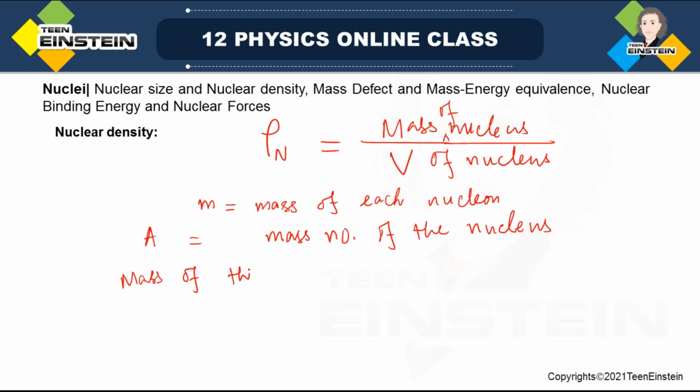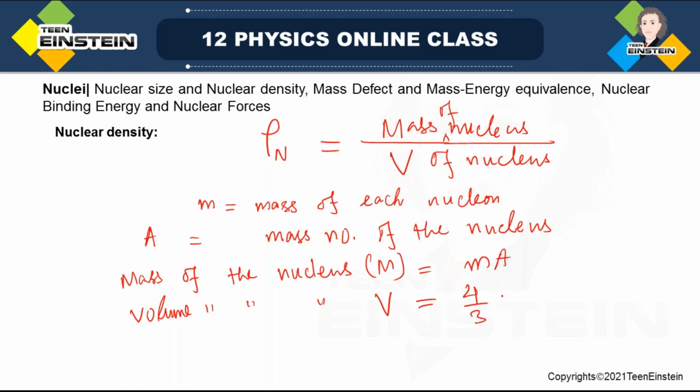See, the mass of the nucleus, I denote it with capital M, so it will be small m into A. So this is the total mass. Now see, how do we calculate the volume of the nucleus? This is volume.